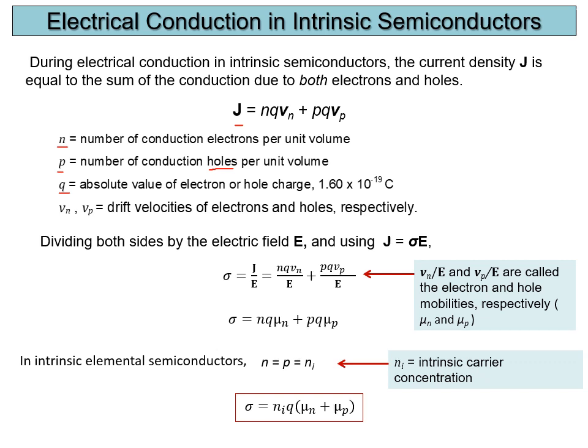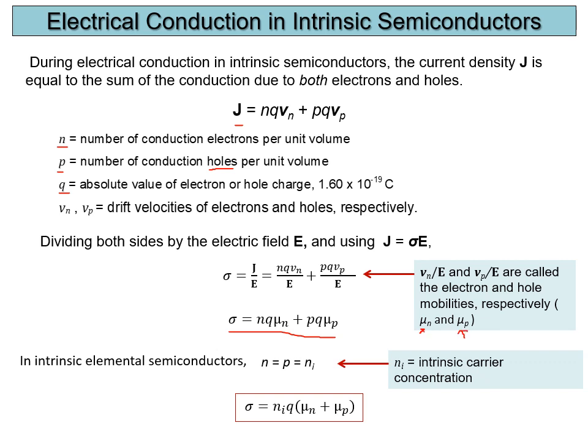Then, dividing both by E, we get that the electrical conductivity of semiconductors equals n q mu n plus p q mu p. vn over E and vp over E are called the electron and hole mobilities respectively, or we can write them with the symbols mu n and mu p.